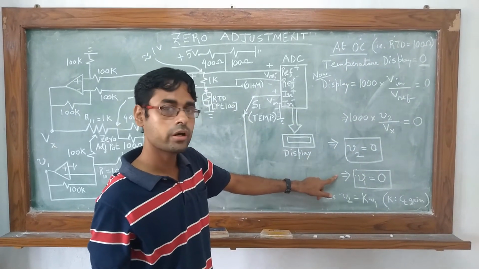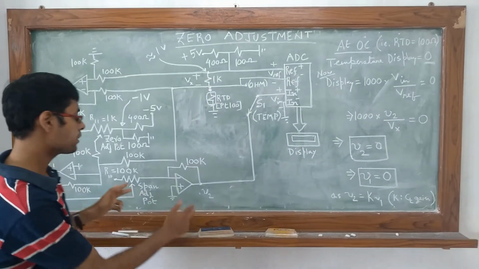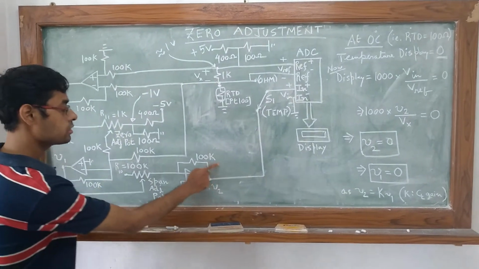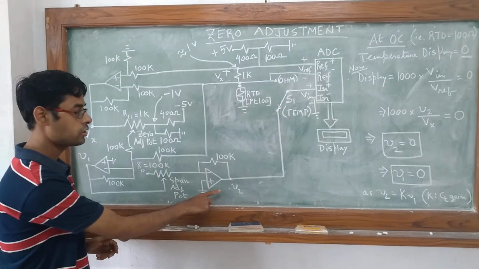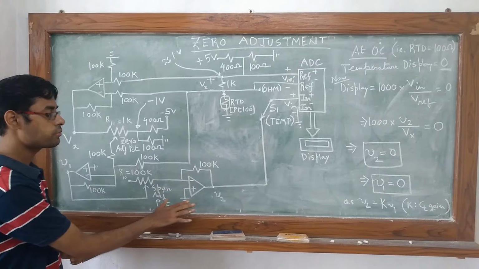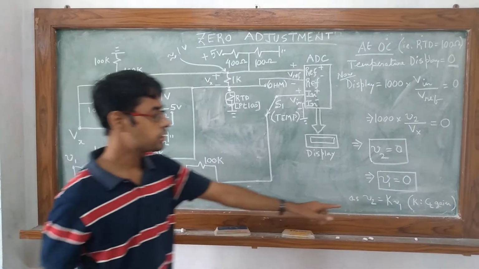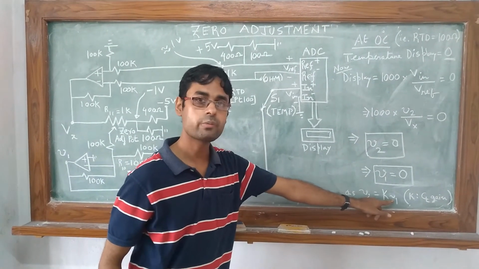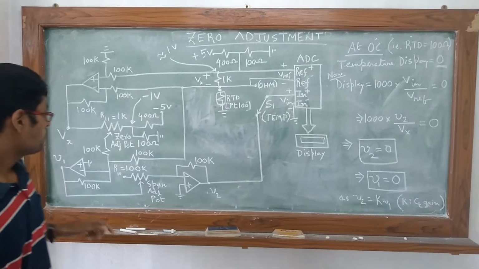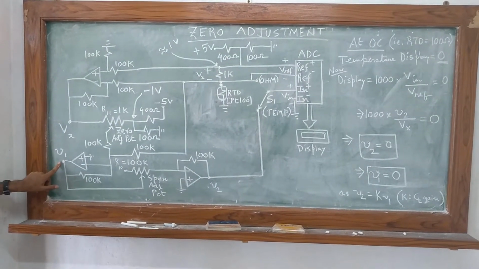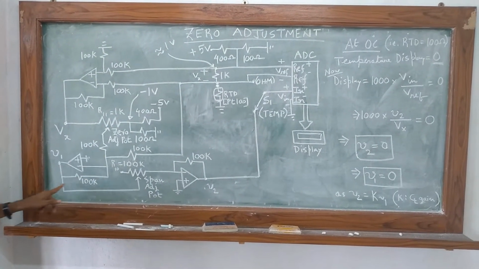Going one step forward, if you look at this portion, this is an inverting amplifier. So V2 can be represented as some gain K multiplied by V1, where V1 is the output voltage of this operational amplifier.